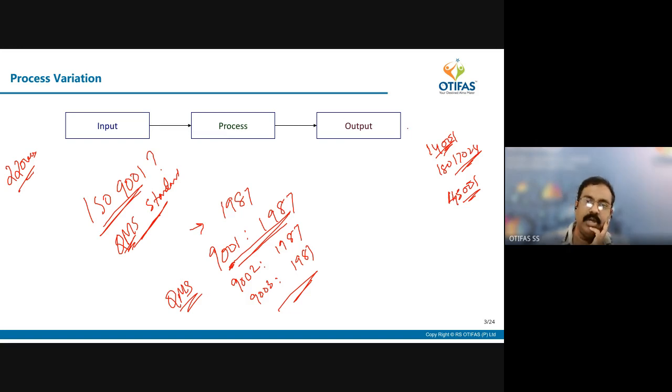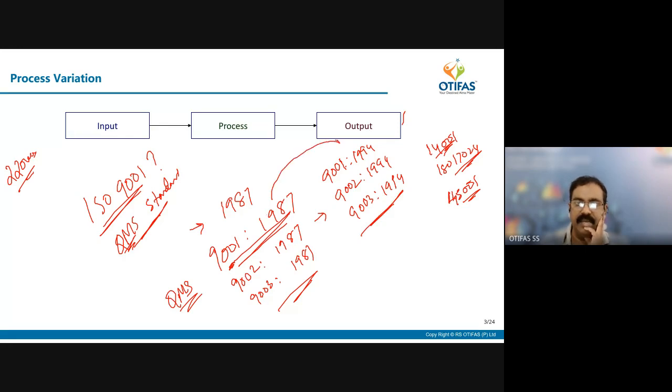ISO revises all standards in around seven years, so in 1994 they revised it again. The same standards, ISO 9001:1994, 9002:1994, and 9003:1994. So three different standards in 1987, and then again in 1994 they revised with the same concept.